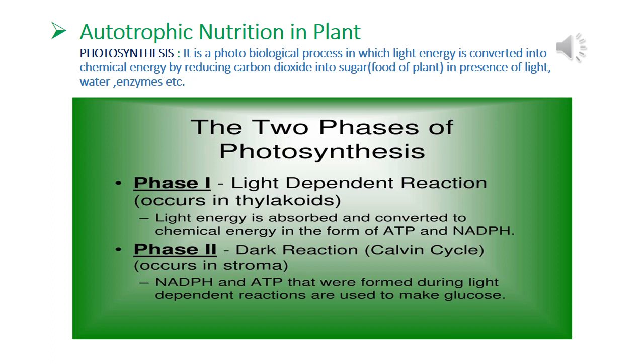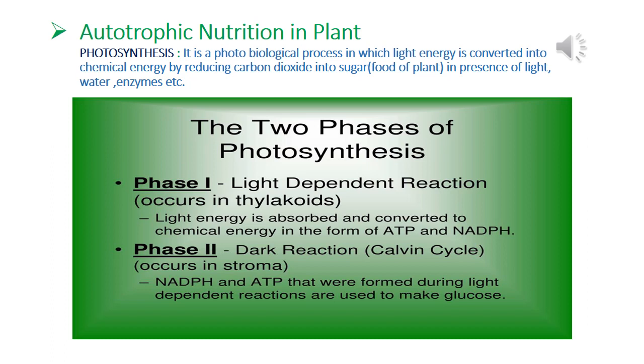So if somebody asks you where ATP and NADPH of photosynthesis, or phase 1 reaction, is prepared, then the answer is the thylakoid part. So it is always the thylakoid where light reaction takes place, and inside the thylakoid ATP and NADPH is prepared.